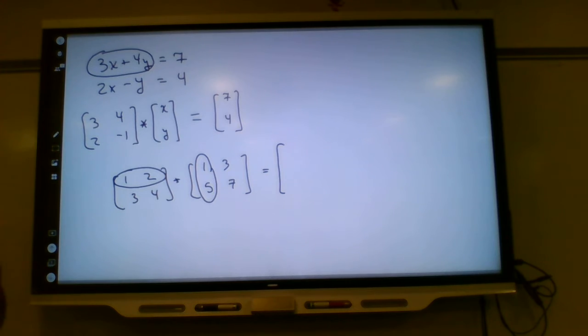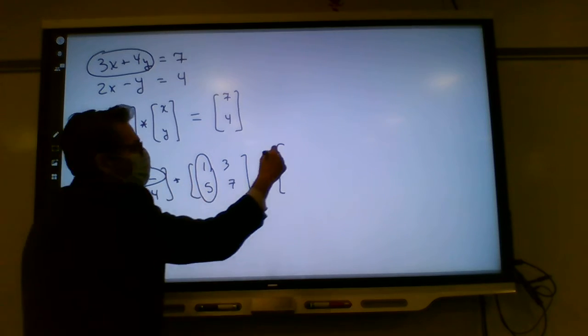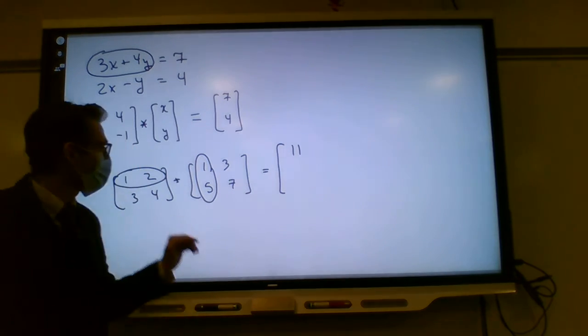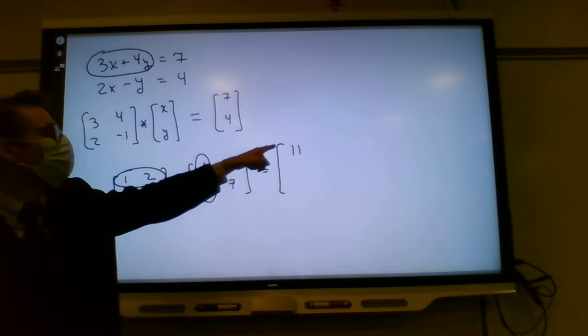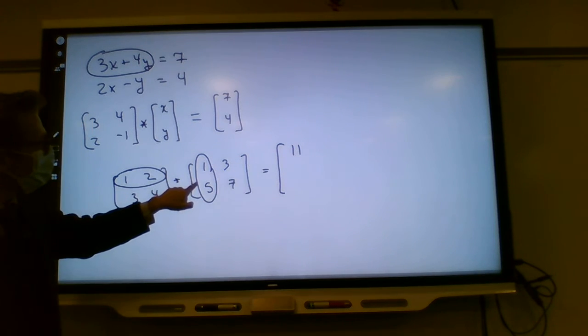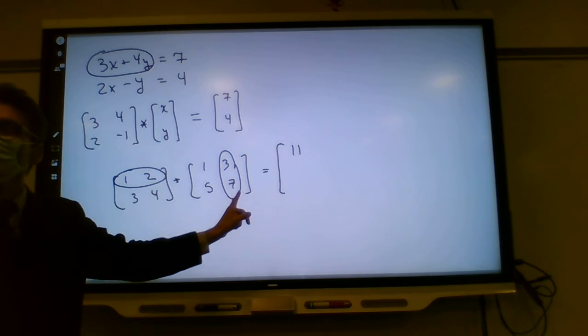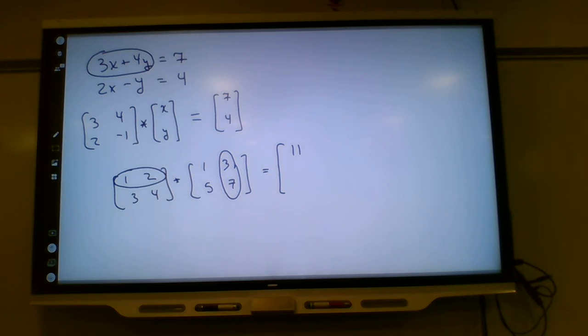So what's the dot product of the first row and the first column? 11, right? 1 times 1 plus 2 times 5, and that is 11. So first row, first column gives us the first row, first column of the answer. Then we go first row, second column to get the next entry. What's the next entry? 17.